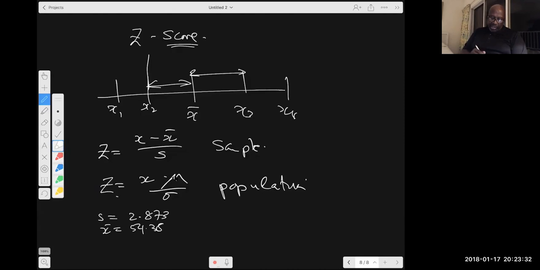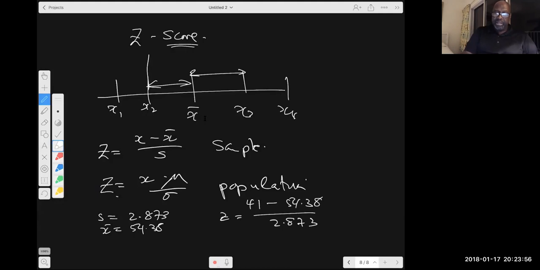So I could actually take all of the values. For example, I had a 41, I believe it was. So 41 minus 54.38 divided by 2.873. That's a Z score right there, all right? How many standard deviations is that away? Let me see if I can calculate that actual value and tell you if it's an outlier.